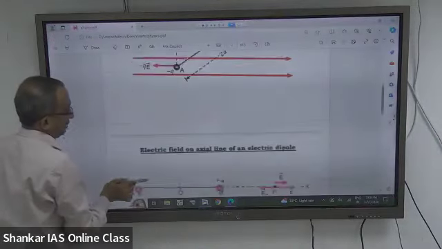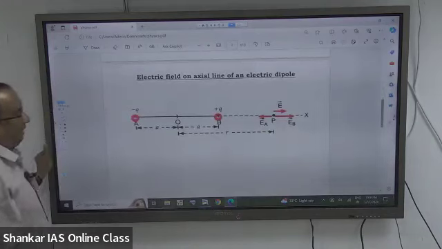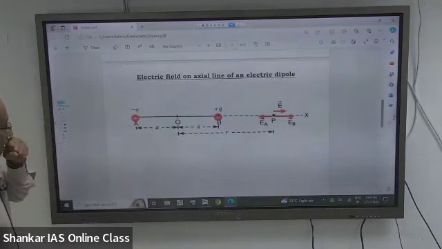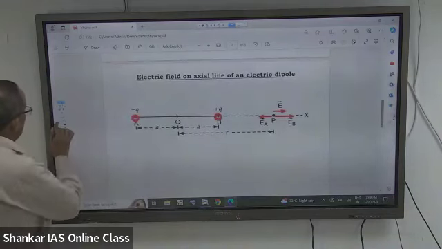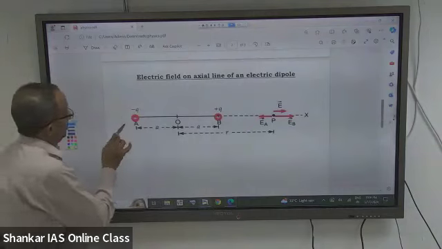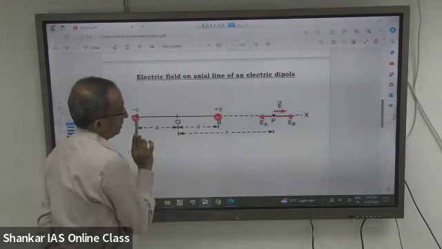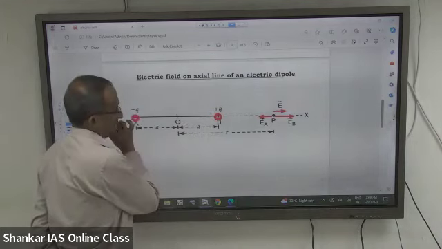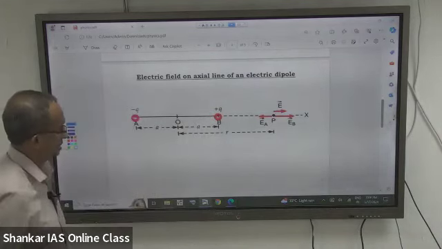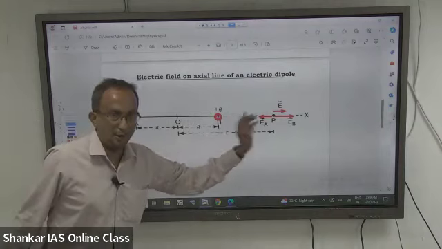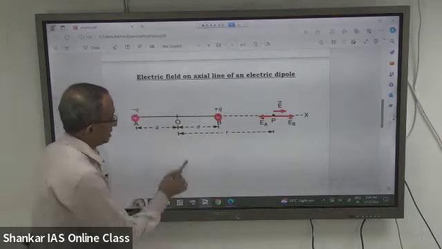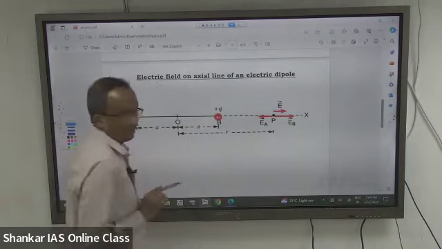Next we are going to find out the electric field along the axial line. Here it is plus Q, here it is minus Q, equal and opposite charges. P is a point at a distance R from the center.